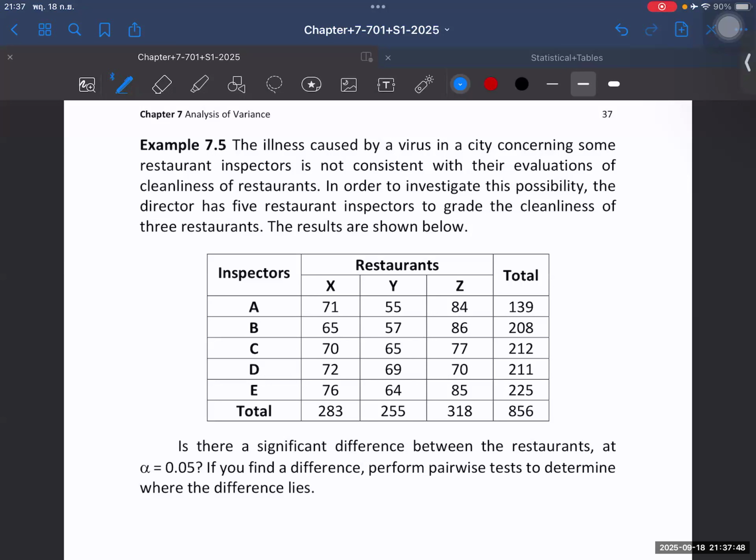In order to investigate this possibility, the director has 5 restaurant inspectors grade the cleanness of the 3 restaurants, shown by the result below.